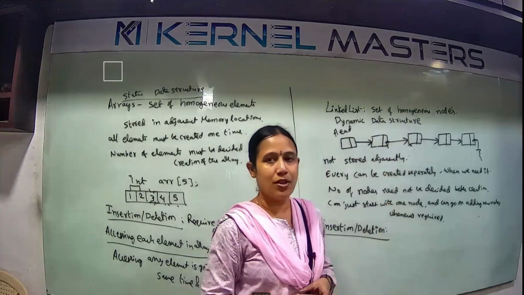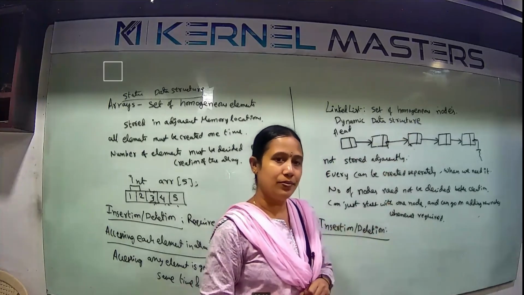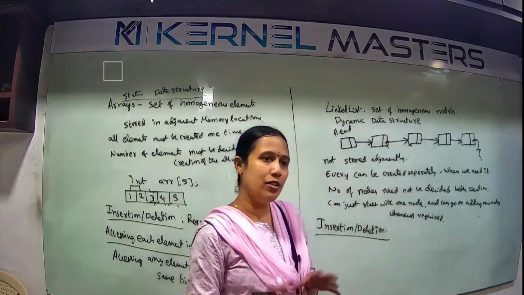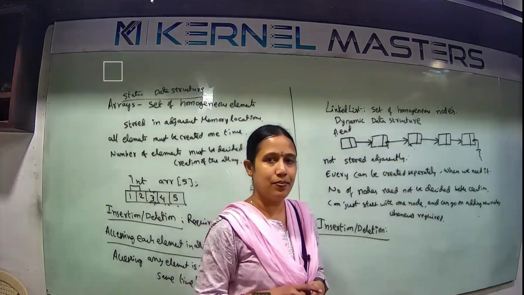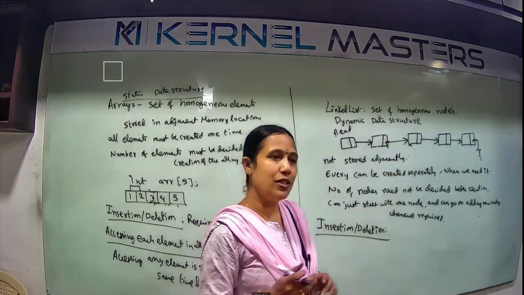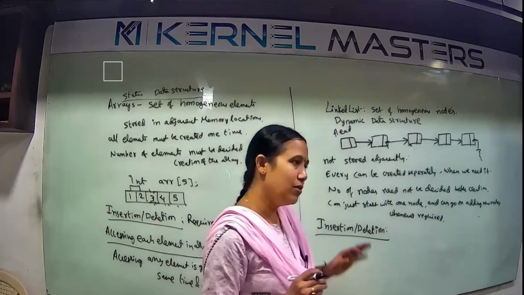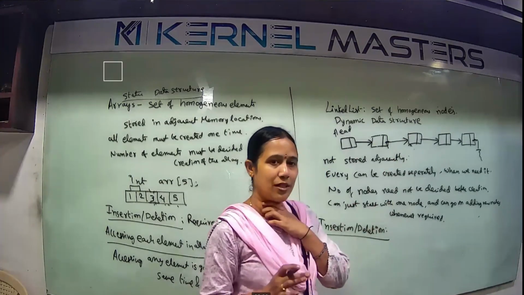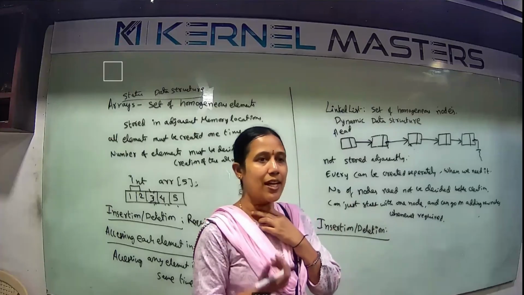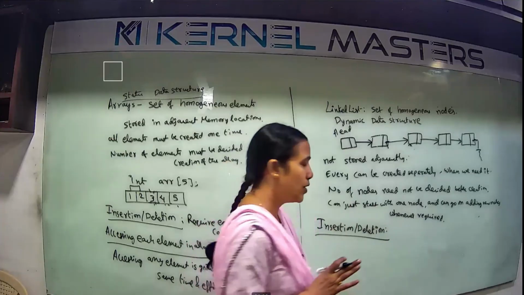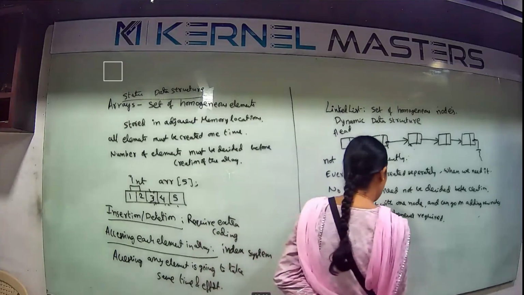Deletion is also the same. Which node you have to delete, if you find out that address, you can simply delete it very easily. It is possible without shifting the data. You don't have to copy the data here and there. You just have to release the memory if you want to delete, or create new memory if you want to insert. Okay, so it is easy in a linked list.